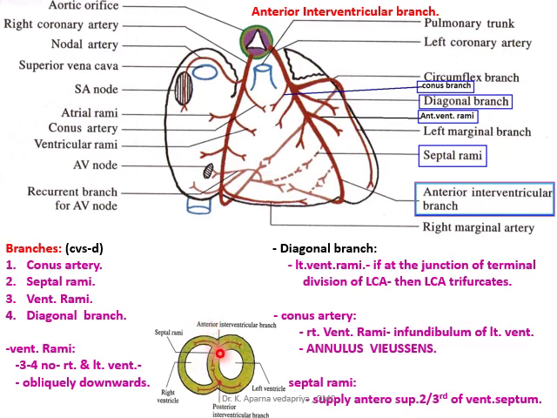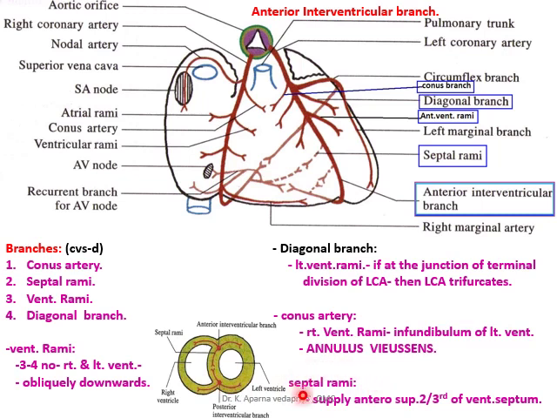This anterior interventricular artery supplies the sternocostal surface of both right and left ventricles to a certain extent, and then it gives septal rami which pass through the interventricular septum, anastomosing with the septal rami given out by the posterior interventricular artery, which is a branch of the right coronary artery.